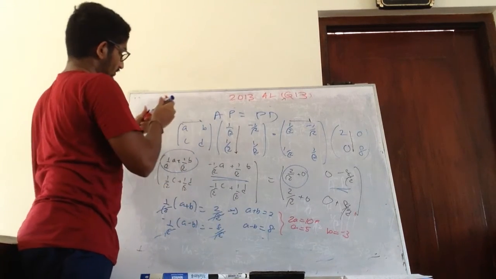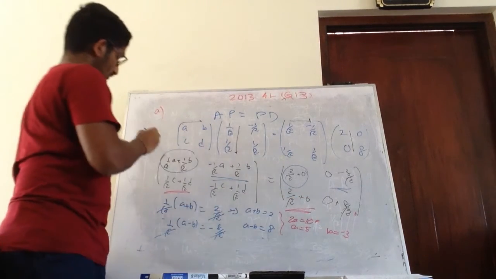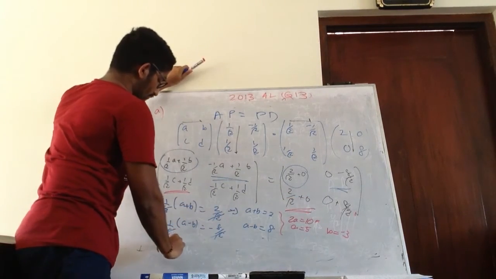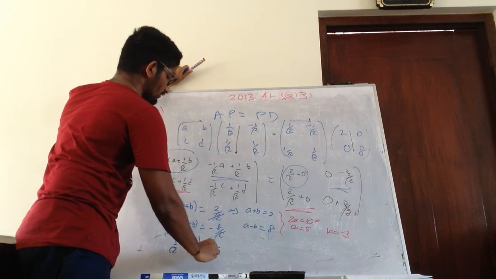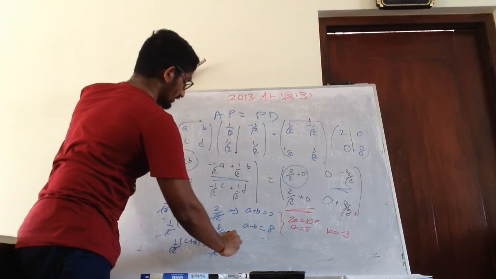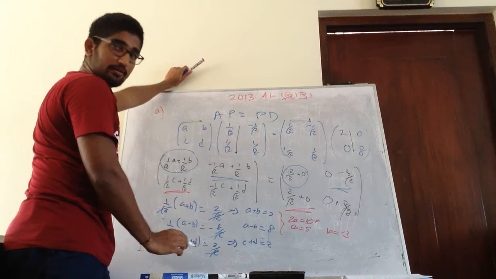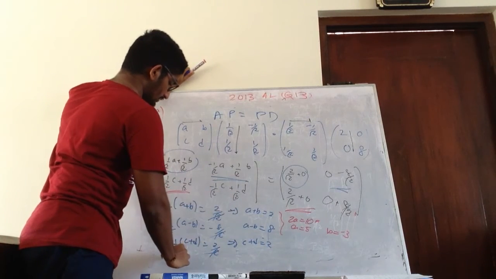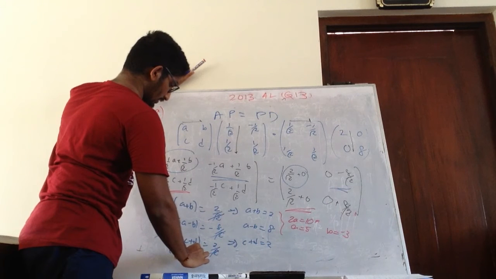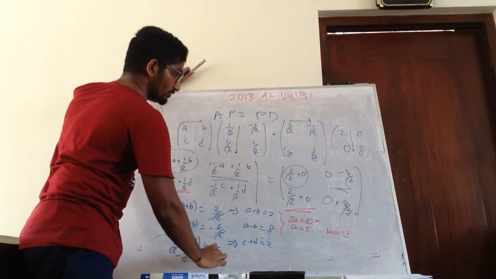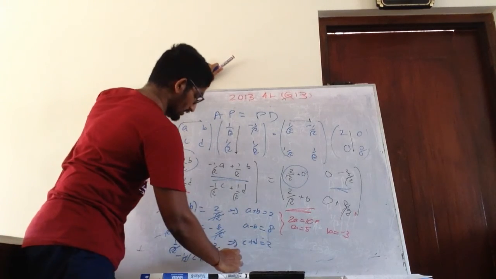In a similar way we can get c and d as well. If we take this part, we get square root of 2 times (c plus d) equals 2 over square root of 2, so these are cancelled, and again we get c plus d is 2. Then if we compare this, c minus d is equal to 8 over square root 2.